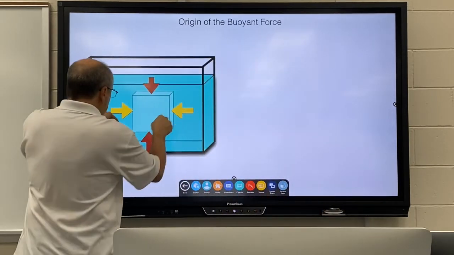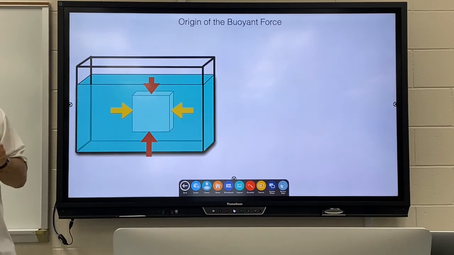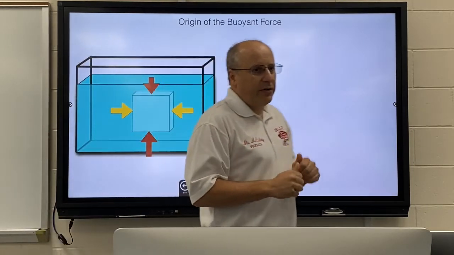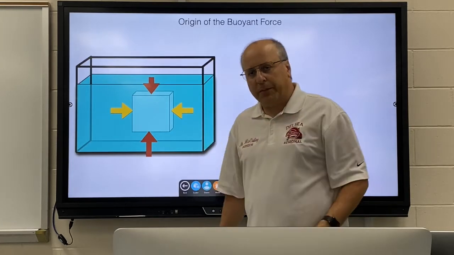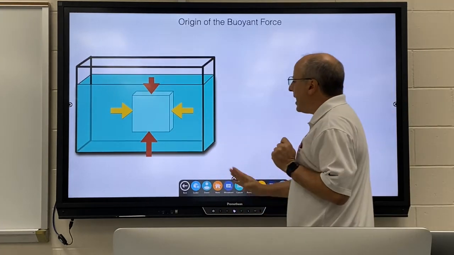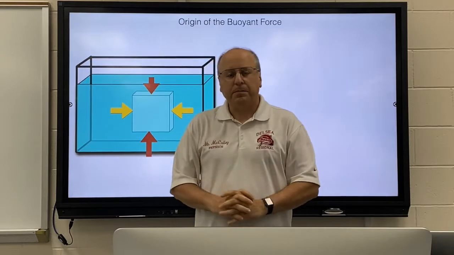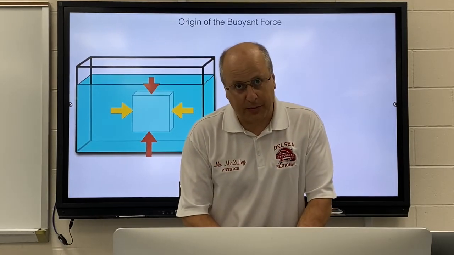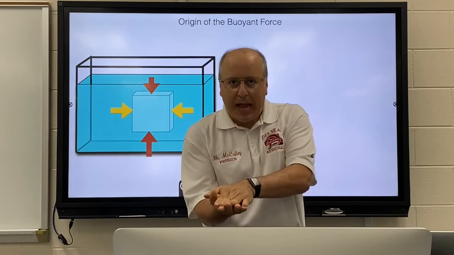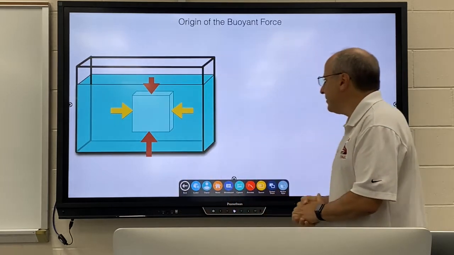So these two, the right and the left pressures, they do cancel. There is no net force or pressure right or left or forward or backwards, but there is a net upward force because the pressure on the bottom is always greater than the pressure on the top, because the pressure on the bottom is caused by a deeper depth below the fluid.